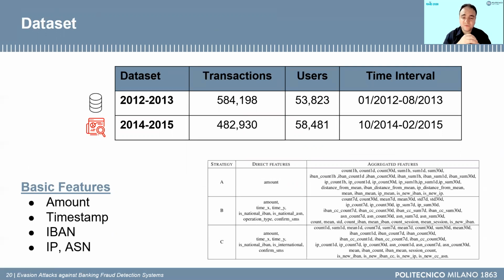The basic features contained in these datasets were the transaction amount, the time and the date of execution of the transaction, basically the timestamp, the hashed IP address of the connection from which the transaction is performed, the hashed international bank account number, the IBAN of the beneficiary, and the autonomous system from which the connection comes. From these basic features, we derived a set of aggregated features that are shown in the second table in the slides.